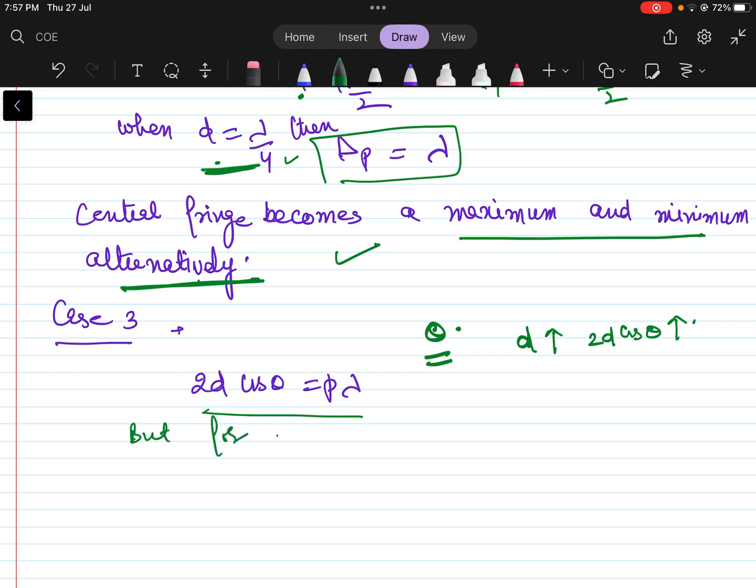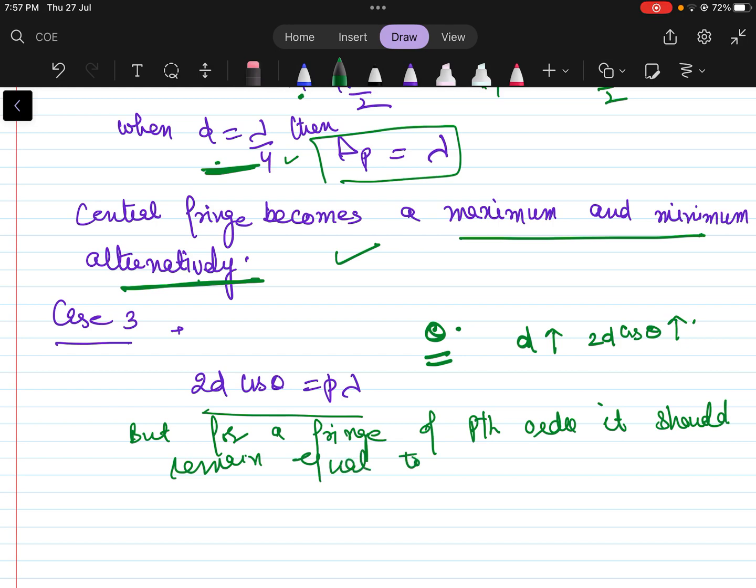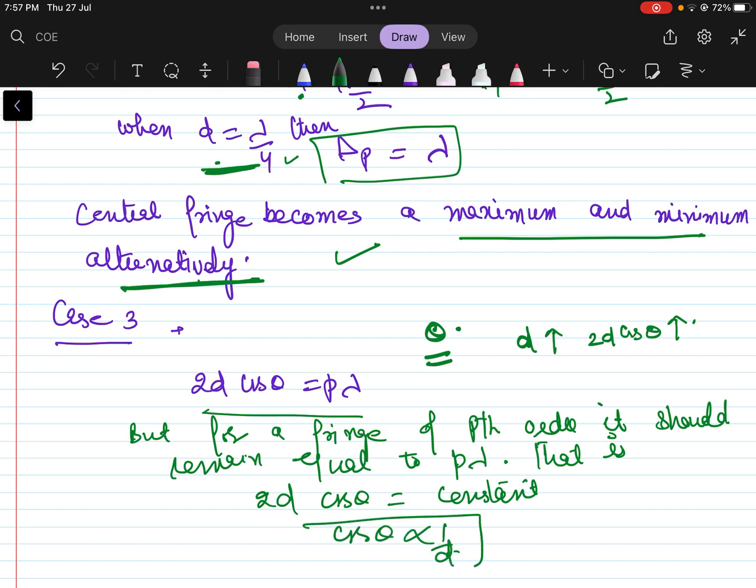But for a fringe of pth order, it should remain equal to p lambda. That implies 2d cos theta is equal to constant, or we can say cos theta is inversely proportional to d. So this is also an important concept.